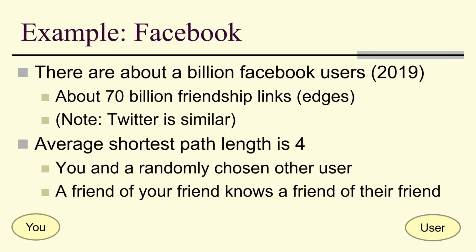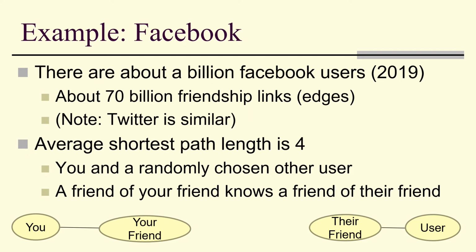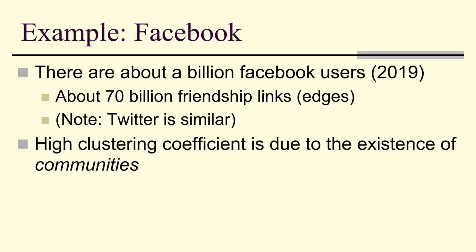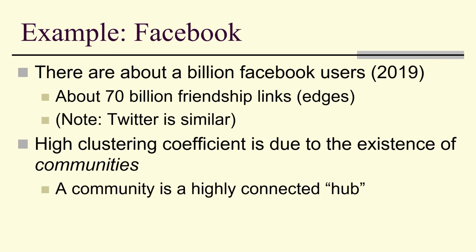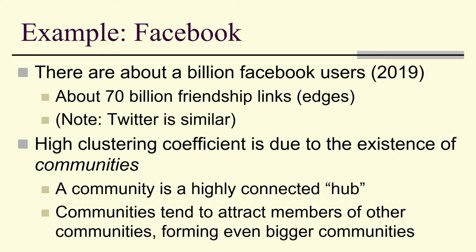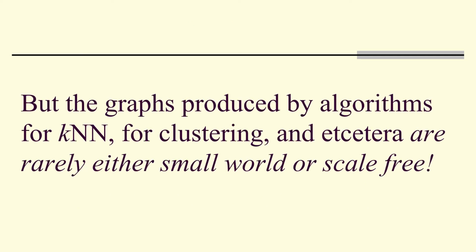So you and them each have friends who have a common friend. 4 degrees of separation. But high clustering coefficient because Facebook tends to be formed by communities, a highly connected hub, and communities tend to attract members of other communities, forming even bigger communities.